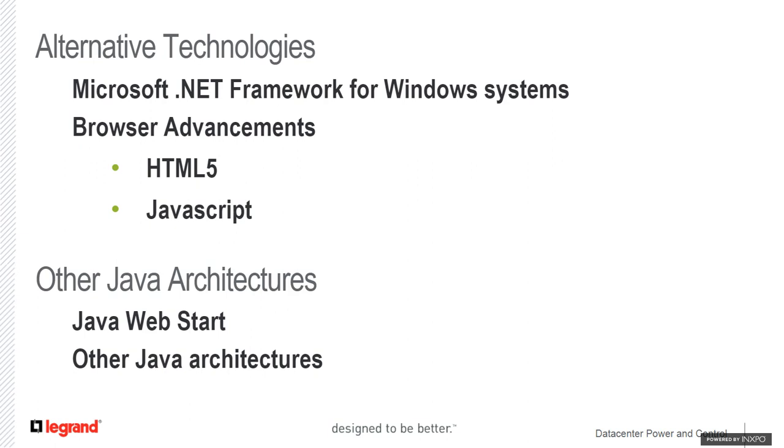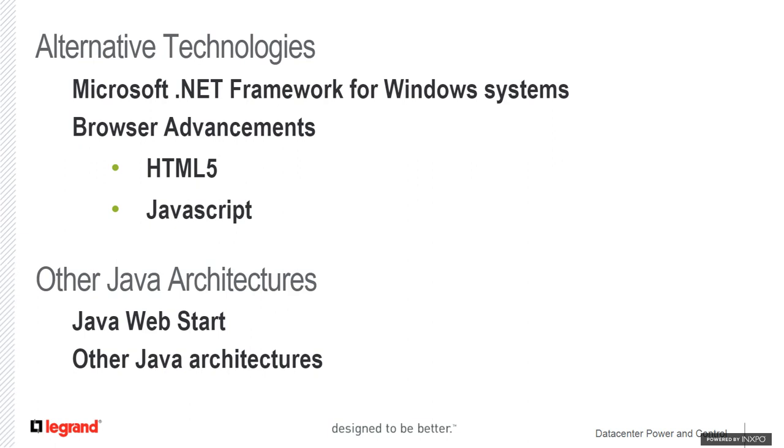Also, browsers themselves have advanced over the years. So there's HTML5 type technologies for more sophisticated applications running in browsers, and JavaScript, which is one of the scripting languages used in browsers, has become more powerful with more capabilities and better performance.